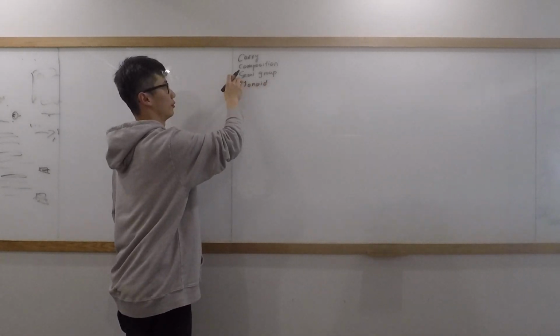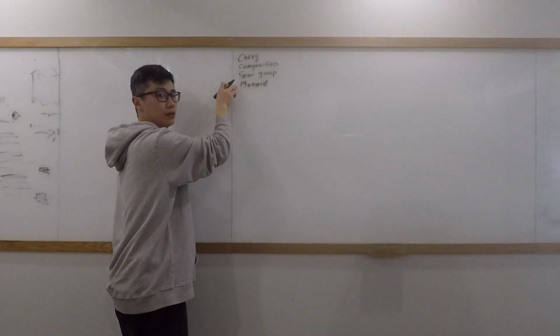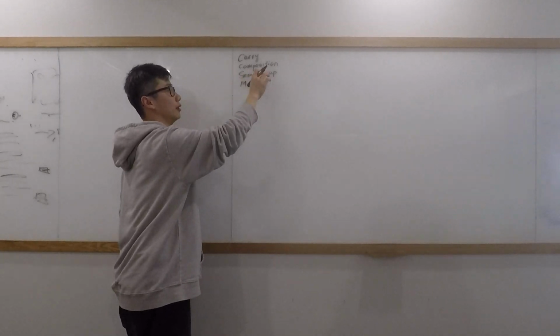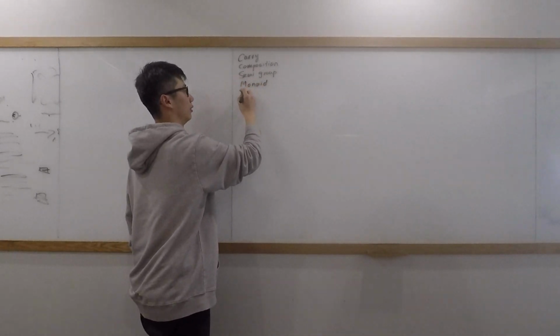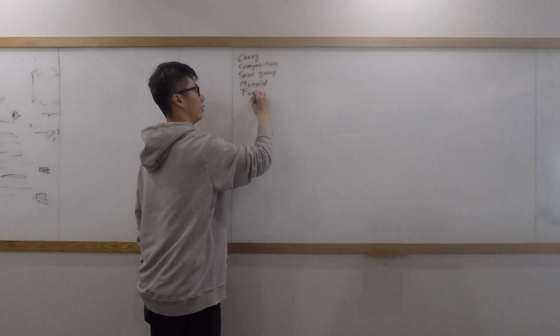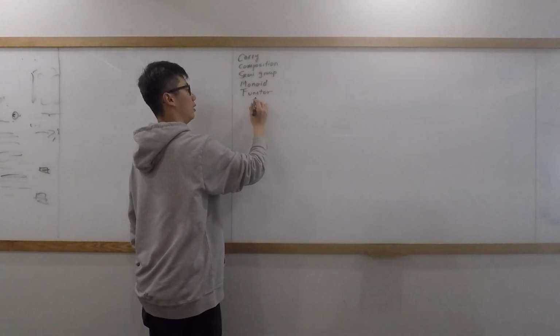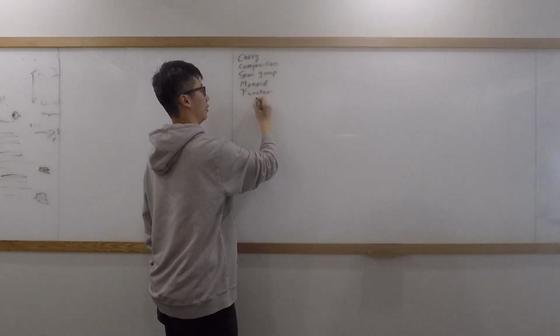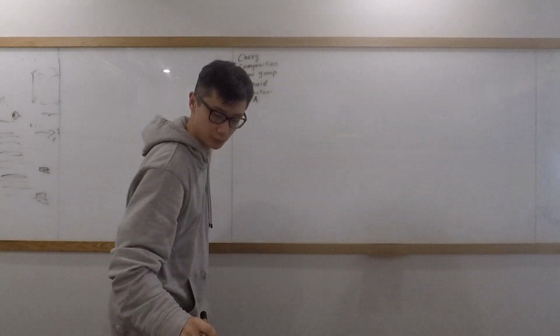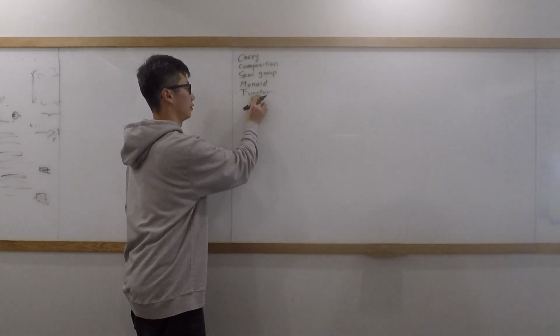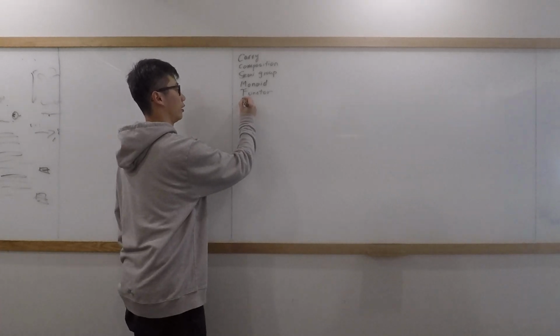From here it becomes types. This is a type. This is a type as well. And then you have functor. Inside functor you have, maybe not the best way to write this, applicative.